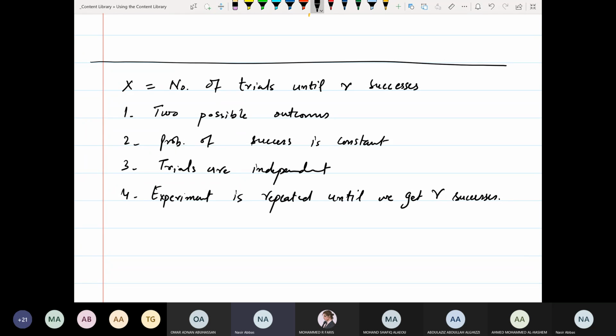Previously, I knew the number of trials, and I was interested in the number of successes out of those n trials. Now I know I need that many successes and I'm interested in the number of trials.